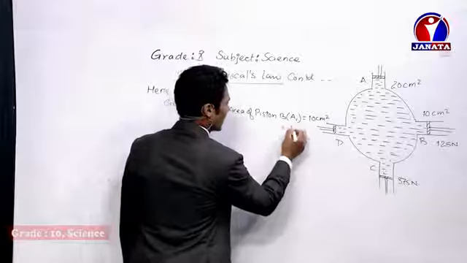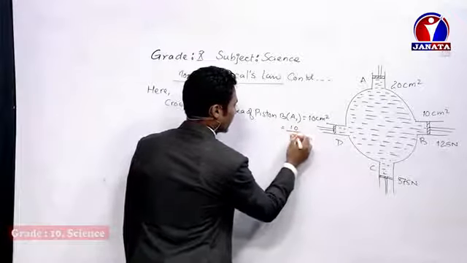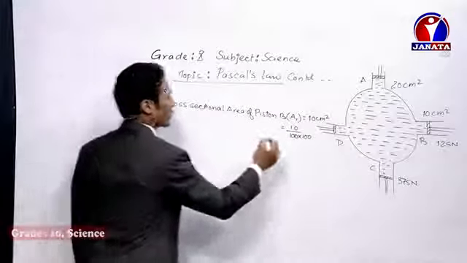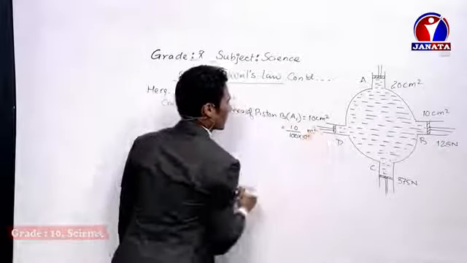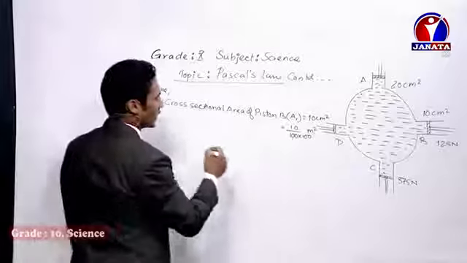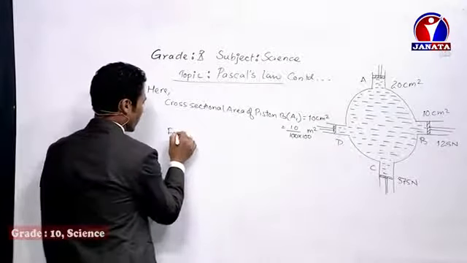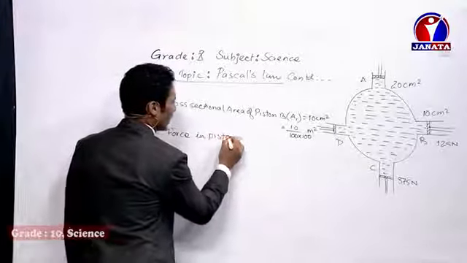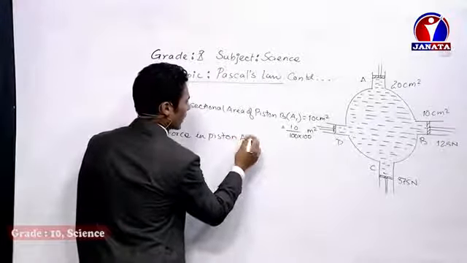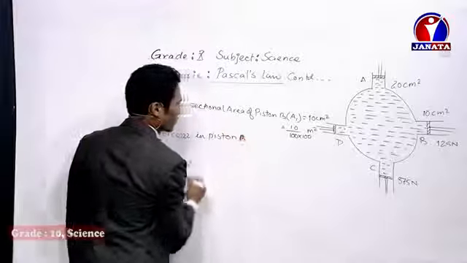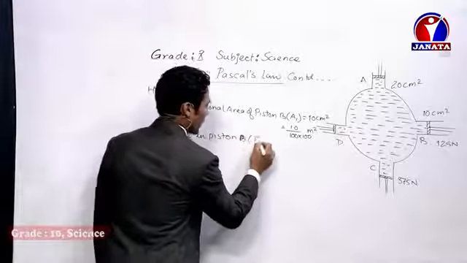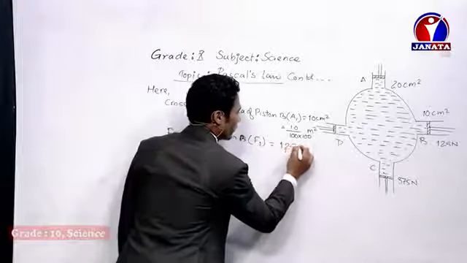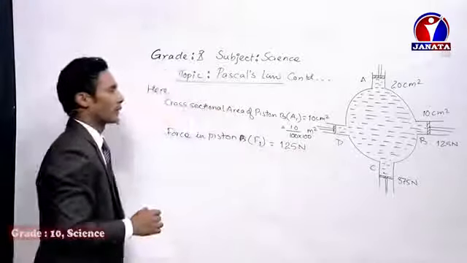That is 10 divided by 100 into 100. So this is in meter square, right? And similarly, the force on piston B, let's write this as F1. The force is given there as 125 Newton, right?